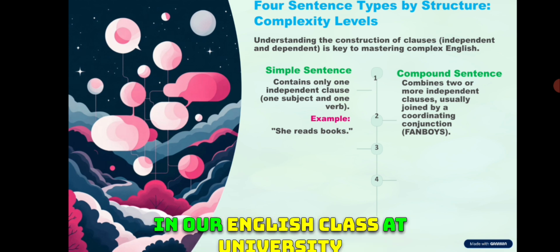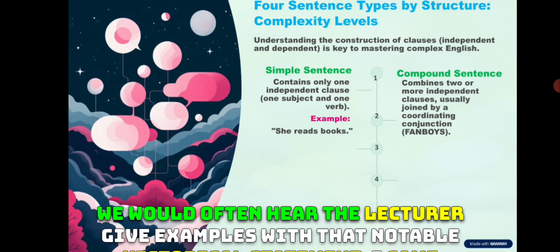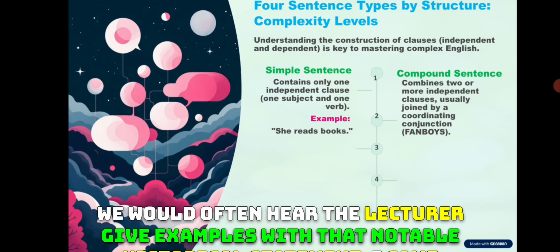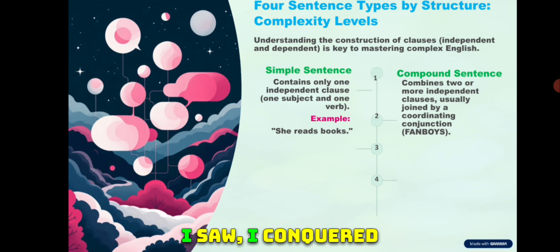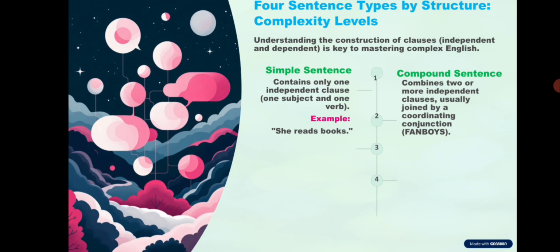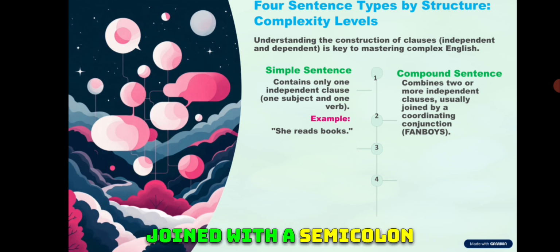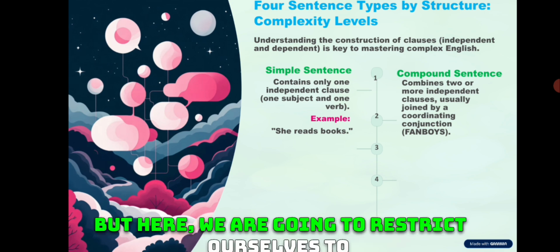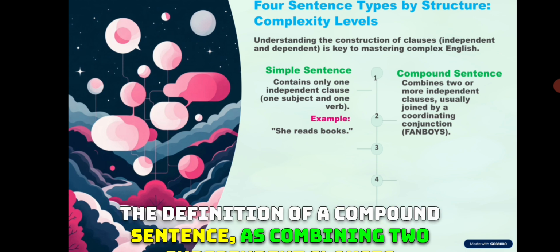In our English class at university, we would often hear the lecturer give an example with that notable historical statement: I came, I saw, I conquered, joined with a semicolon. But here, we are going to restrict ourselves to the definition of a compound sentence as combining two independent clauses.